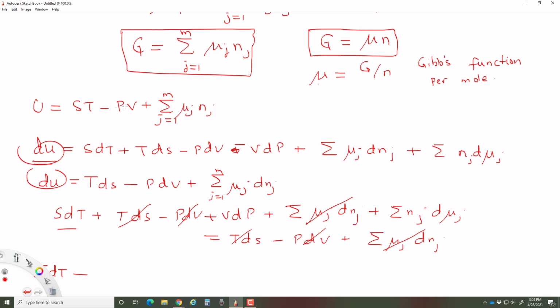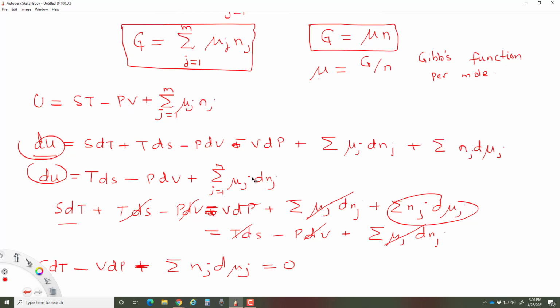Yes, we have PV here, so if I take the differential, both the terms should have a negative sign, so I need to make that correction here. Then we have V dP. All the terms on the right side are cancelled, so on the left side we have the summation of n j d mu j, and that is equal to 0.